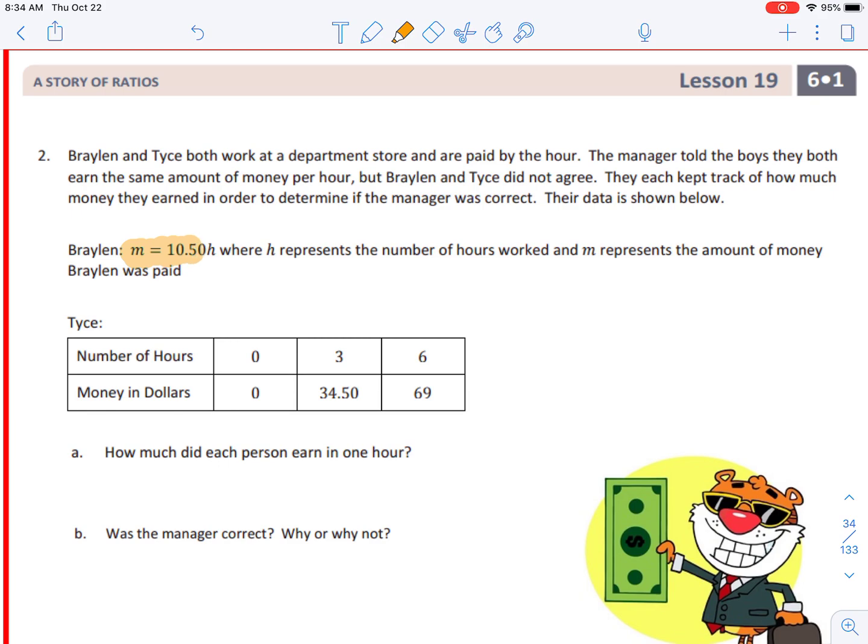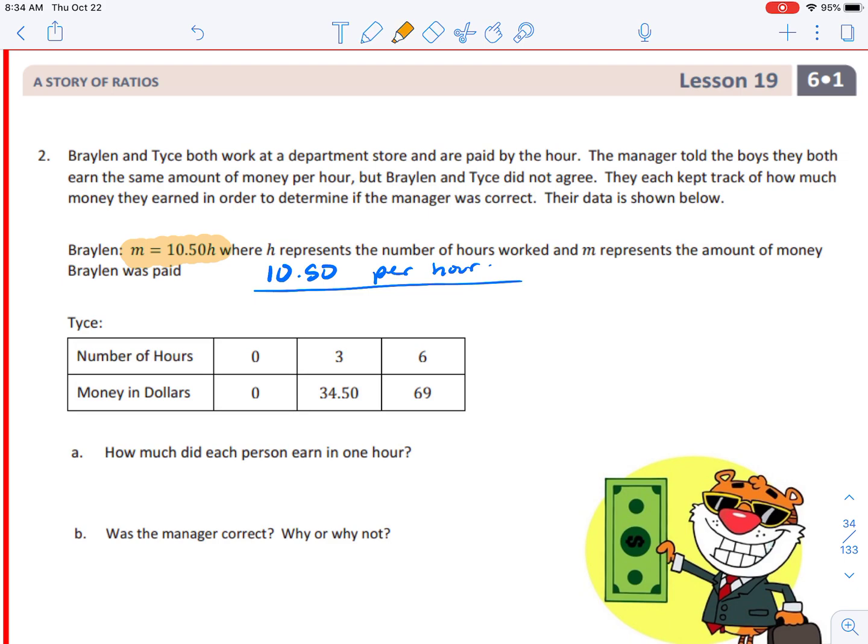Okay, M equals $10.50 per hour, okay, times H, where H represents the number of hours worked and M represents the money Braylon was paid. So Braylon is getting paid $10.50 per hour. And I'm going to write this. Okay? Now we need to figure out how much money Tice makes per hour.